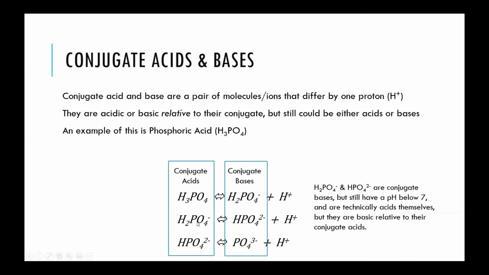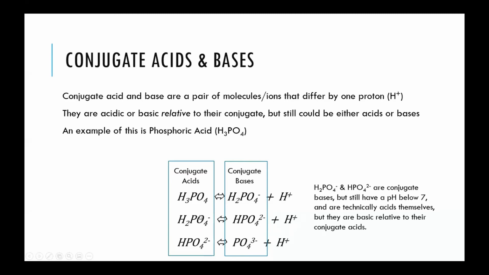Because of the chemistry and because of Le Chatelier's principle, they keep trying to maintain that equilibrium. If you add some outside acid, the equilibrium shifts and it just uses up that acid to make more of this, the H2PO4. If you add base, well, the H2PO4 can react with some of that base and make HPO4 2 minus.